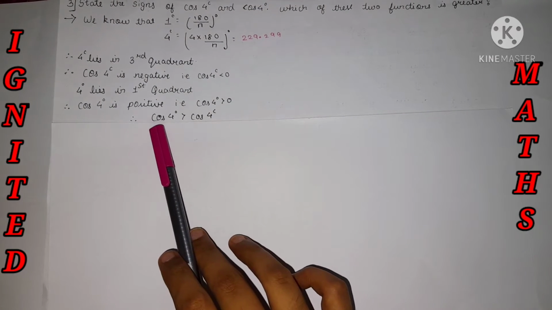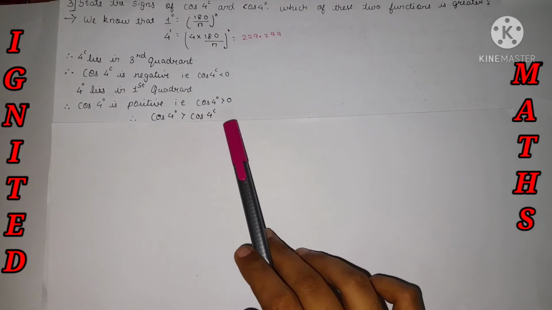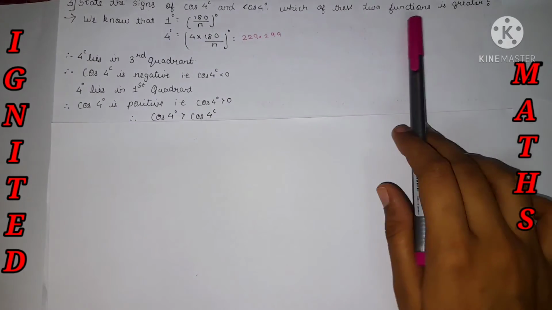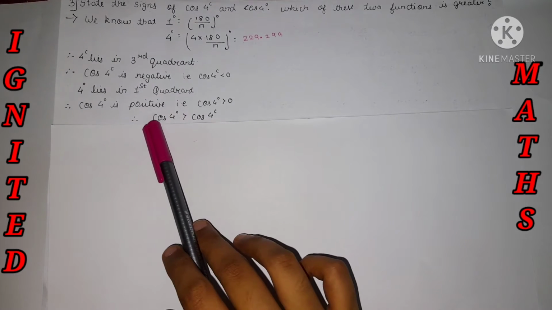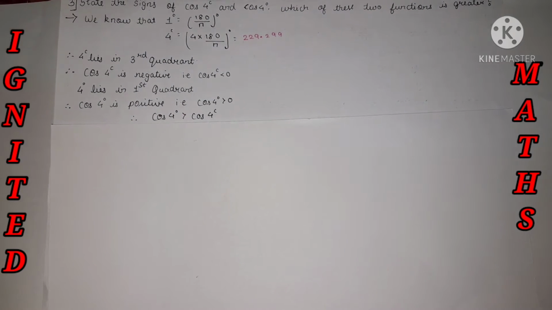Therefore cos 4 degree will be greater than cos 4 radian. Here they asked to identify which of these two functions is greater, and from the calculation we found that cos 4 degree is greater than cos 4 radian. This is how we need to find it.